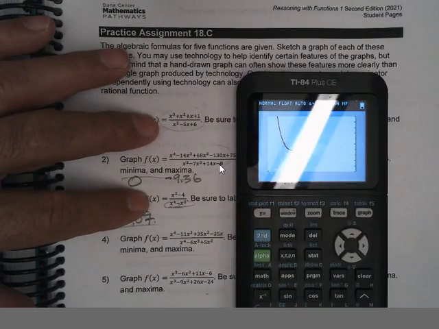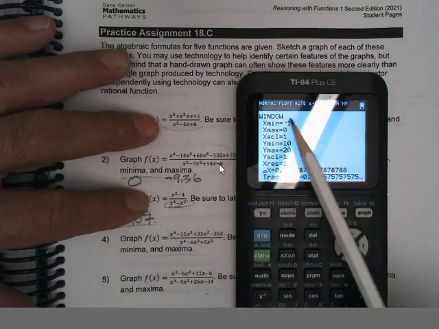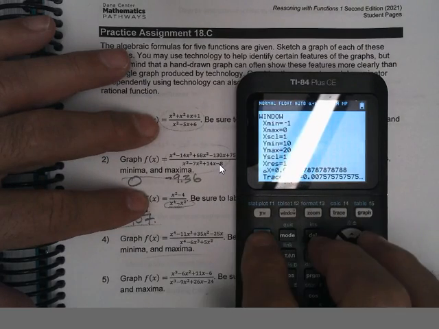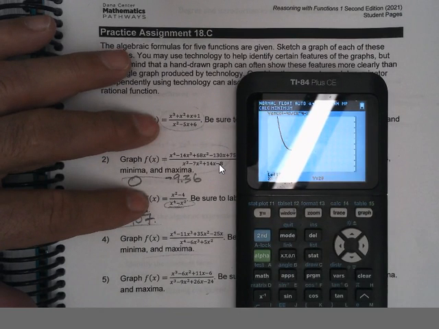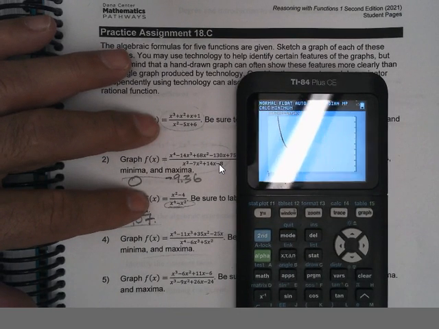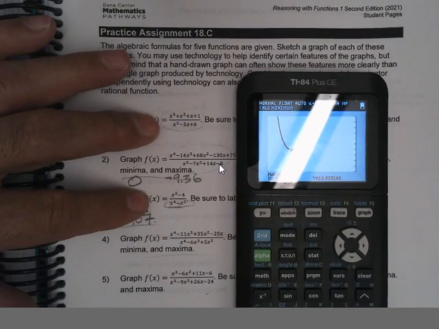So that minimum, I made this window from -1 to 0. So second, calculate the minimum between -1 and 0, and I'm going to guess negative 0.5, and there it is, 13.9.